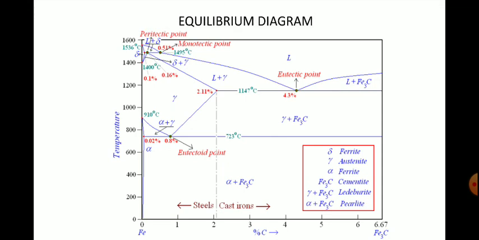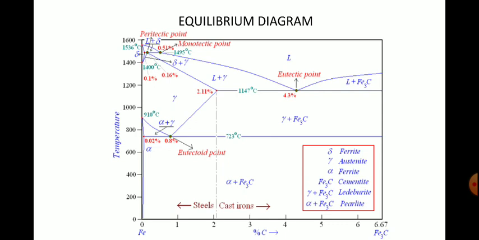Next phase and next part is the eutectoid point, eutectic point, monotectic and peritectic. Out of all these, the eutectoid point is of much importance to us because classification of steels will depend on the eutectoid point and the percentages.